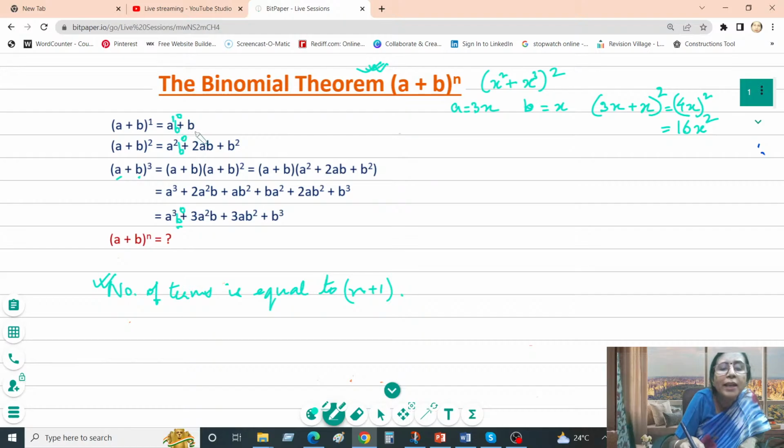Now we come to the second term. For the second term over here, we are seeing only b, no a is visible. Why? Same logic, because you are having a to the power of 0 over here. So, b to the power of 1 and a to the power of 0. So, what is happening?